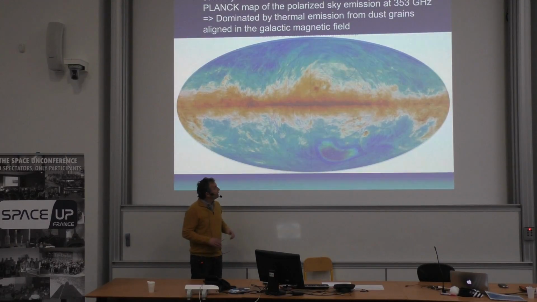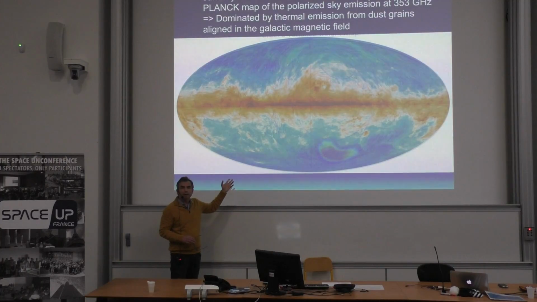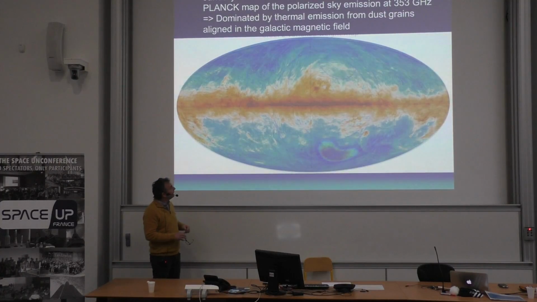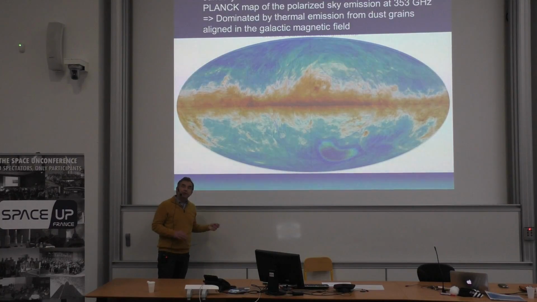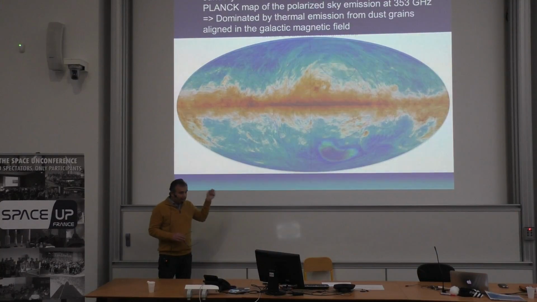This was also a great discovery that Planck made. All those features, what you see here with those lines showing the polarization, this is dust emission from dust in the galaxy. And those lines that are built from the polarization of the light emitted by dust just show you that dust is aligned with the galactic magnetic field.